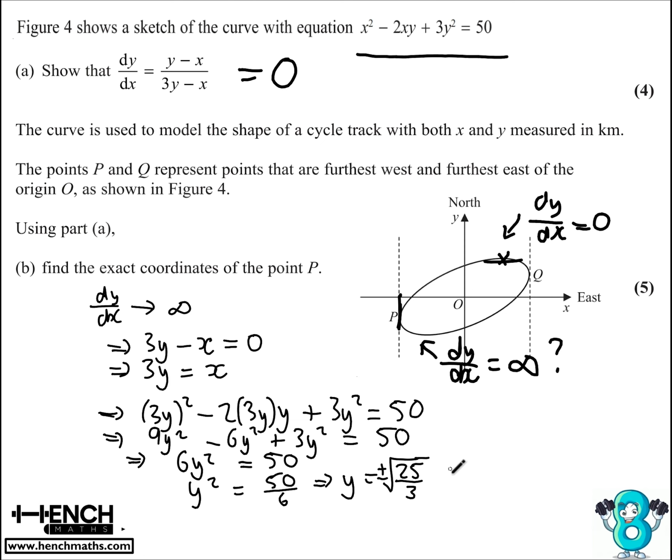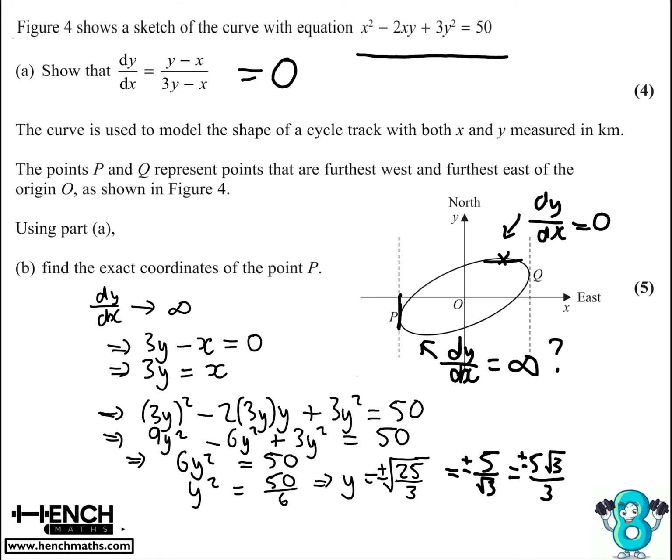So we could put this in the calculator, but I quite like to do it ourselves. So the square root of 25 is 5, and the square root of 3 would be root 3, plus or minus. So that means that it's 5 root 3 over 3. We rationalize it. Now, if you look at P, it is the negative version of this.